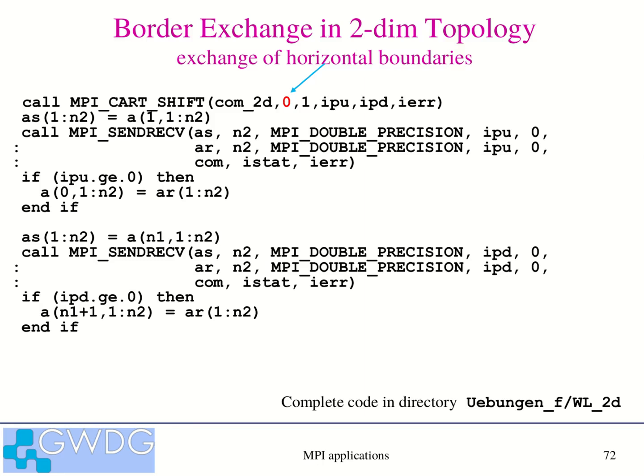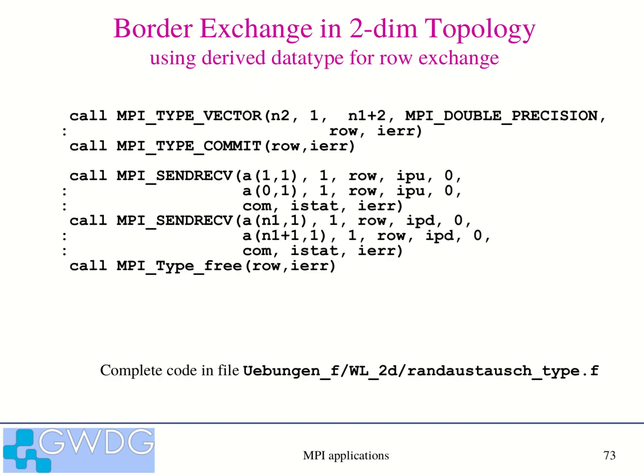Again, as I explained in the case where we had to distribute the matrix in a row-wise fashion, we also had to condense the data to be communicated into a continuous space. We can also use here a vector data type to do this without copying.